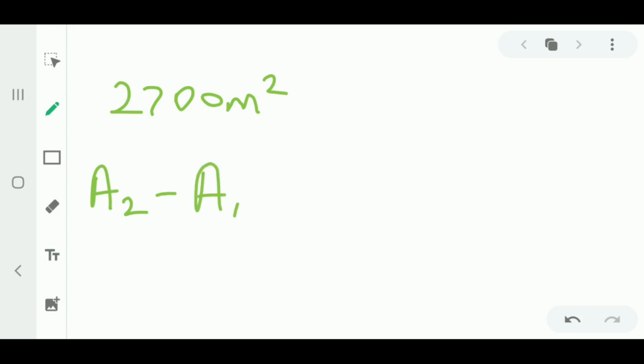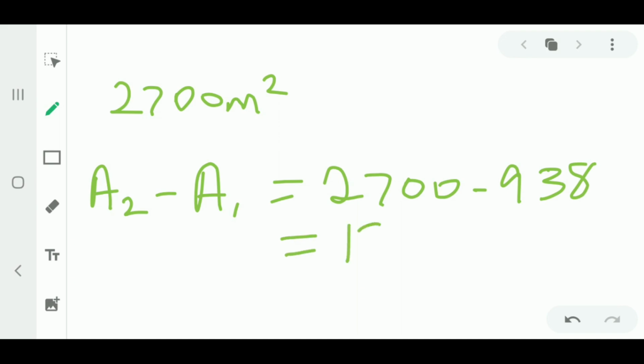And all of that would give you 2700 meters squared. So now we say the area of the outer part, let's call that A2, minus the area of the track, which we'll call A1. That would give you 2700 minus 938, which gives 1762 meters squared.